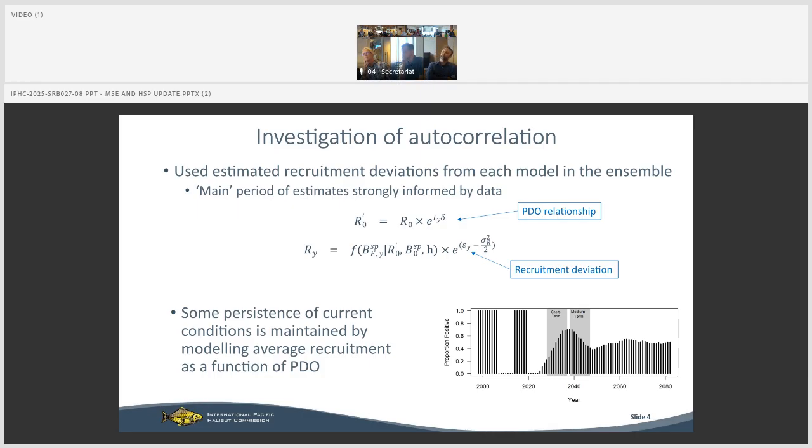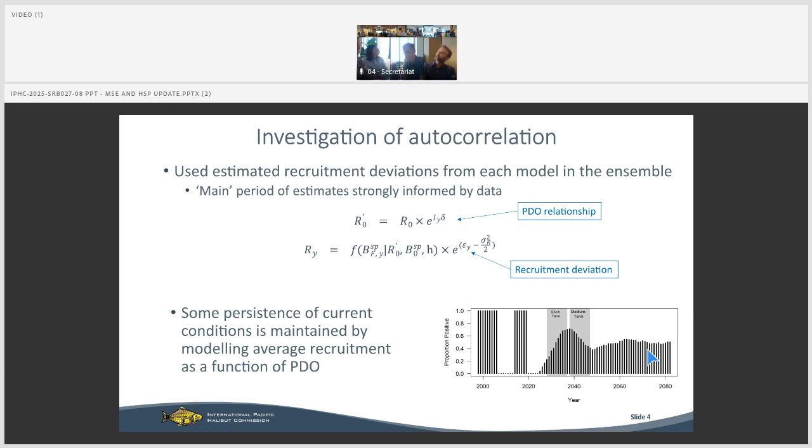The way you can see this is in the plot on the bottom right here. In the past, the PDO is high or the PDO is low because we've actually observed those data. Once we start projecting, right at this point, or actually probably a tiny bit before, it has that probability of switching depending on runtime. As time progresses, the probability that the PDO is either high or low will increase for a while, and then it stabilizes over the long term.